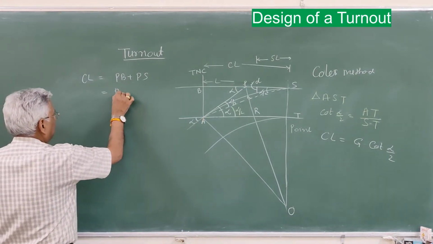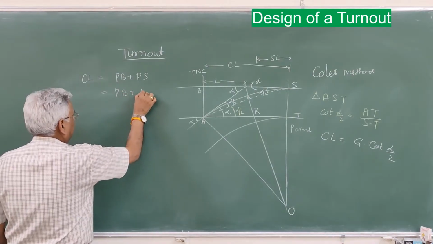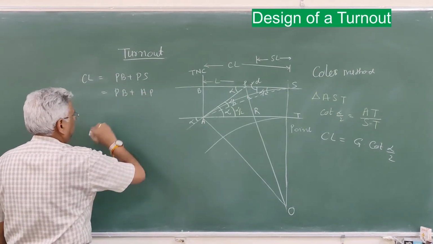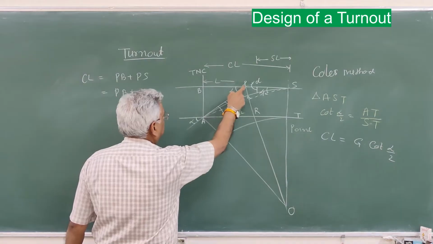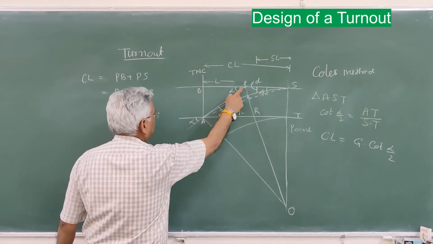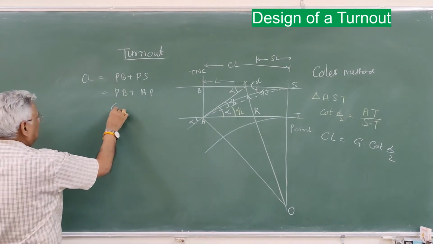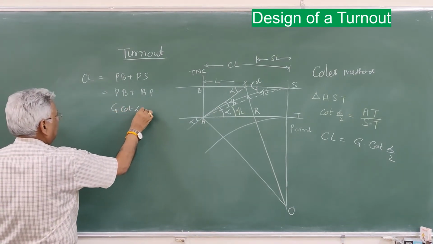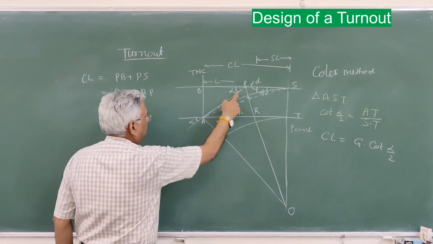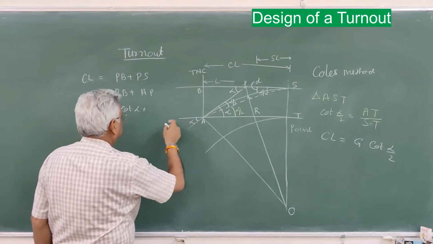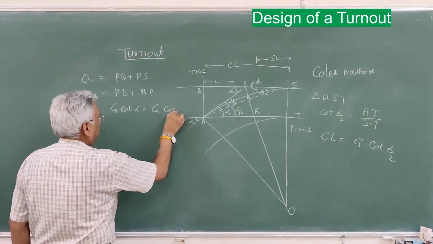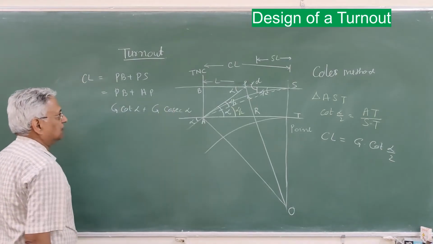So this is PB plus PA, or AP. This PB is G cot alpha, and this AP will be G into cosec alpha. Same triangle.